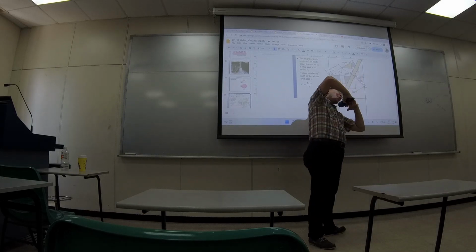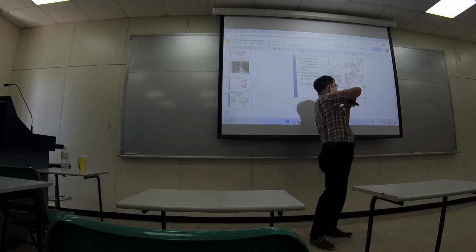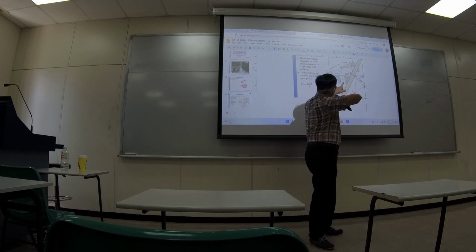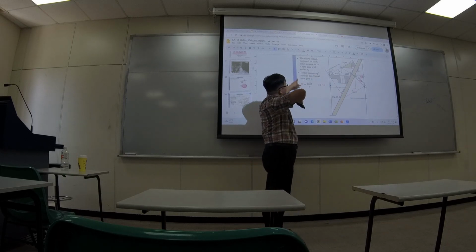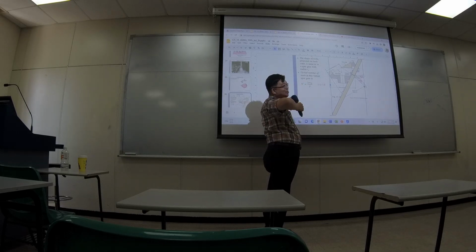So the way the teeth are conjugating with each other still looks like spur gears. So they use this way to compute the virtual spur gear teeth number.